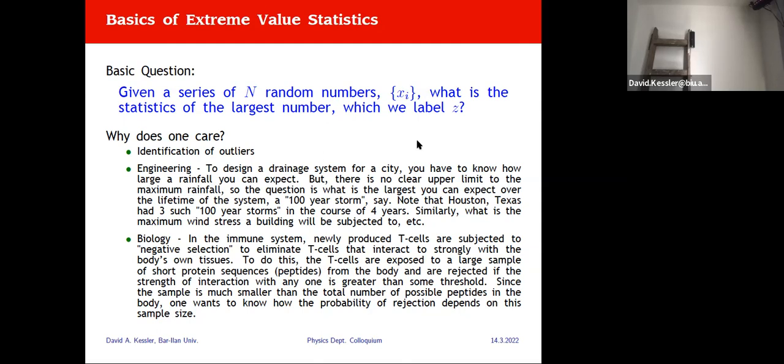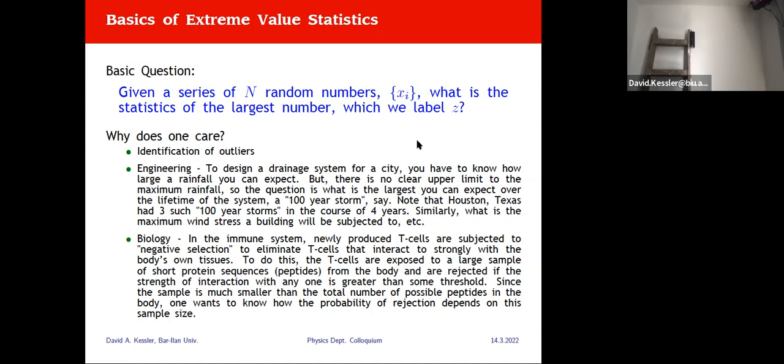And so actually the first person to look at this question in any serious way was a guy named Tippett, a British statistician who got his first degree in physics and then went into statistics and spent his life, interestingly enough, as a statistician for the textile industry, trying to improve the quality of textile manufacturing through statistics.